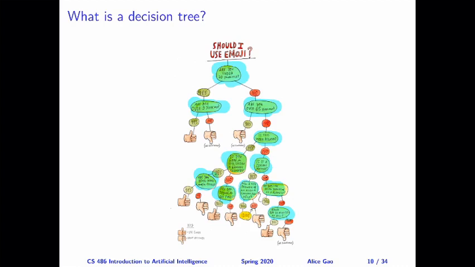Once we perform a Boolean test, we have two edges, and each edge is labeled with the corresponding value of the input feature. Here, we just have yes or no because of these Boolean tests.